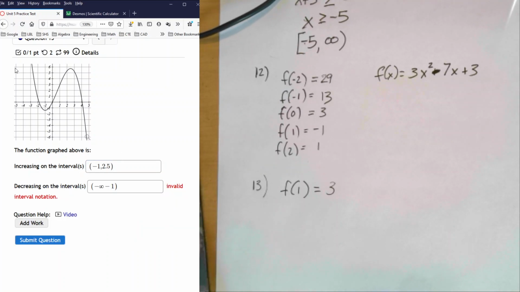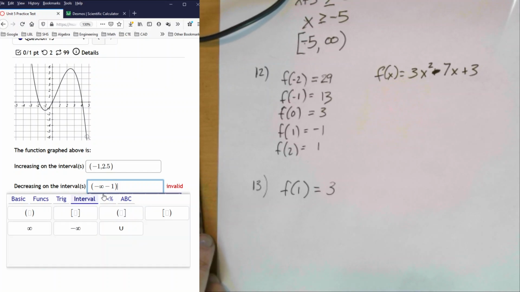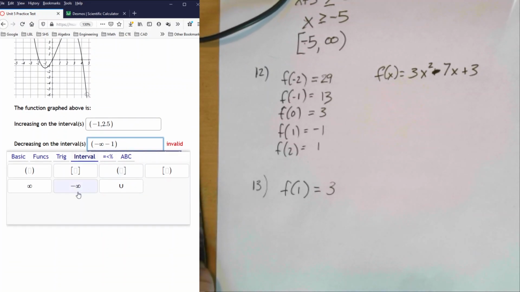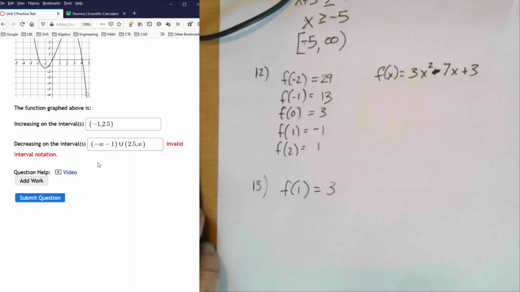Okay? And then from -infinity to -1, it's going to be decreasing. And then over here, from 2.5 to +infinity, it's also going to be increasing. Now, the way that we list the two of those together is we say it's this interval, and this means the union, and from 2.5 to +infinity. Oh, I forgot my comma right here.